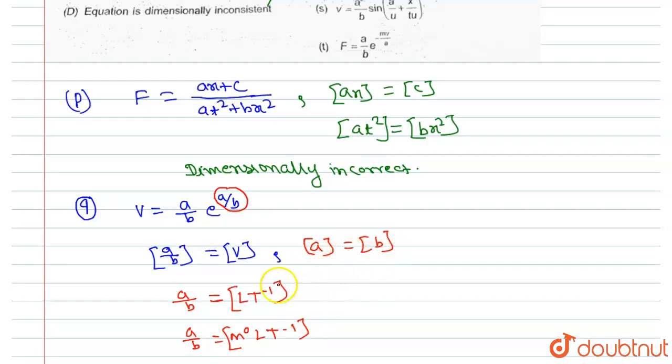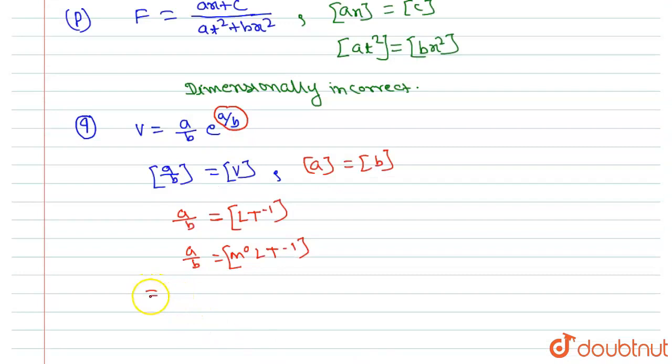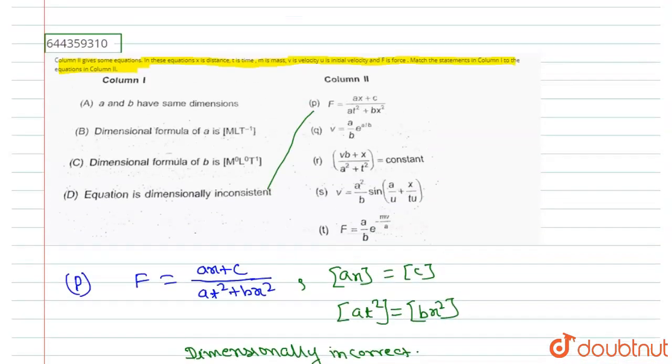So this is also dimensionally incorrect. Clear? Now we can match this Q part with the D part. Now coming to the next part of this question.